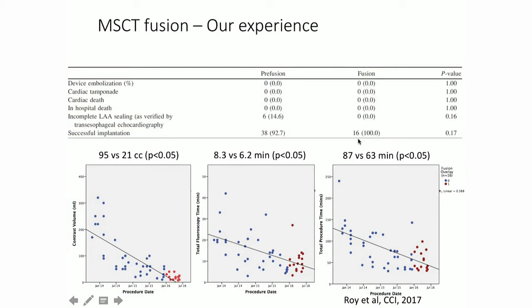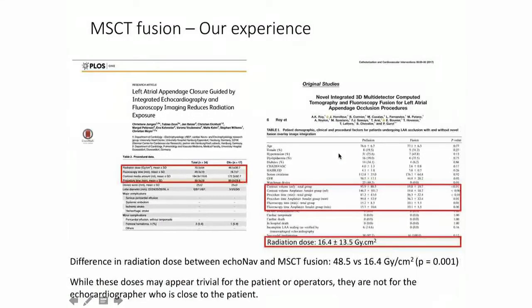We've had no complications, as you can see here. And what we've noticed is greatly reduced volume of contrast for the procedure, 95 before fusion and 21 with fusion. We've noticed also a reduction in total fluoroscopy time from 8 to 6 minutes, and also a reduction in total procedure time from 90 to 60 minutes from before to after the fusion.